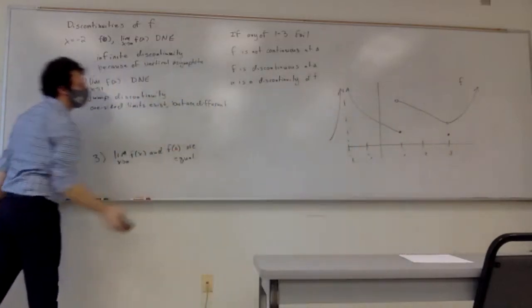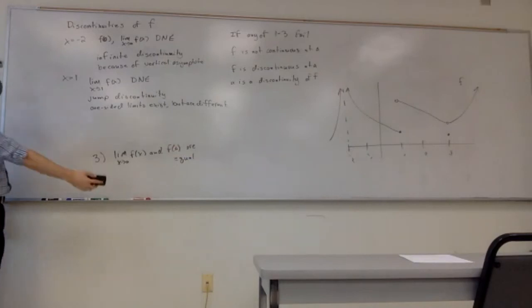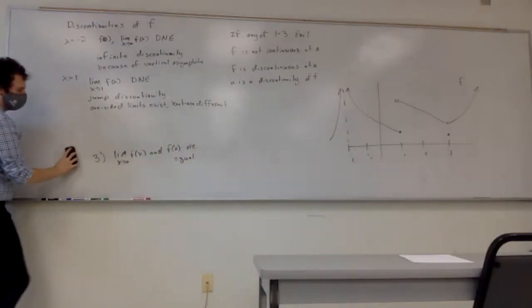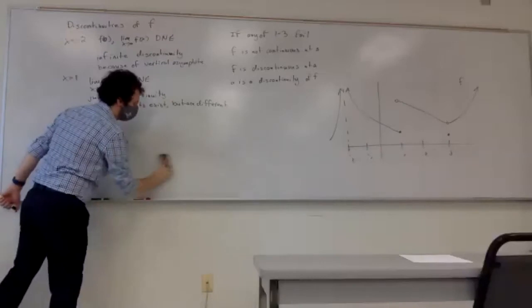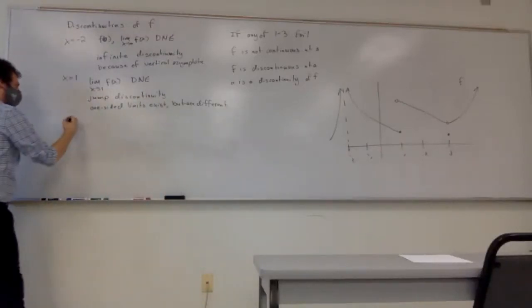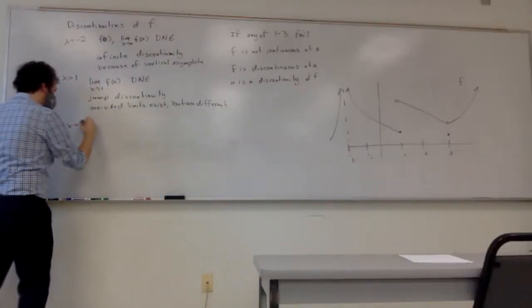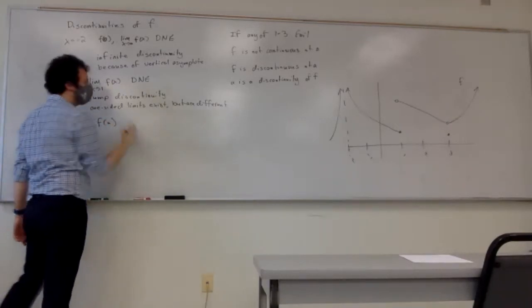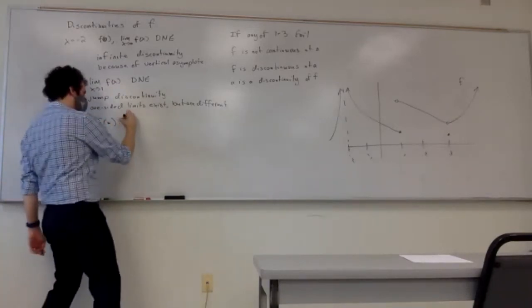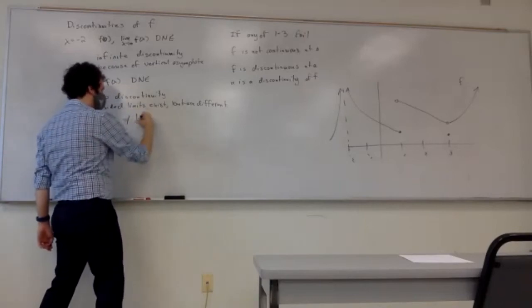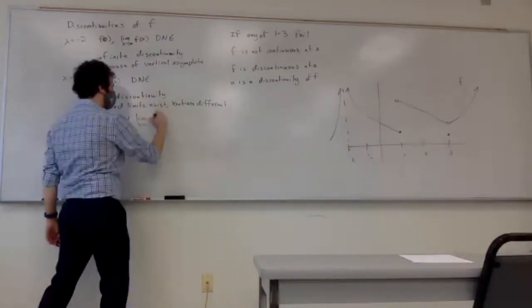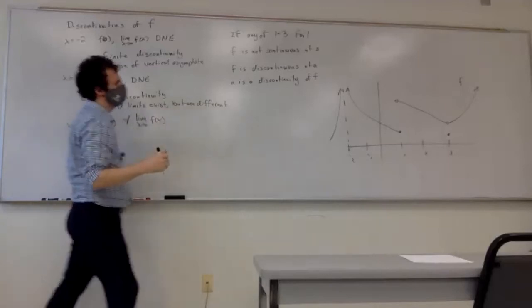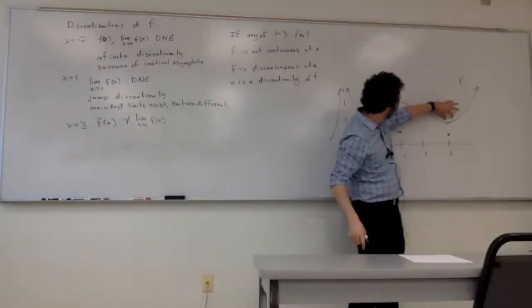So the last one is x equals 3, which is really property or case 3 right there. So x equals 3 is where the function value, the dot, and the limit, which is the height we're going to here, are different.